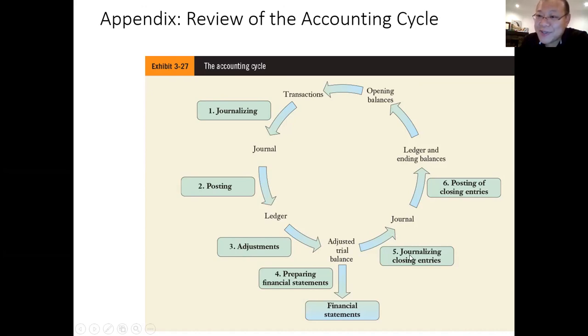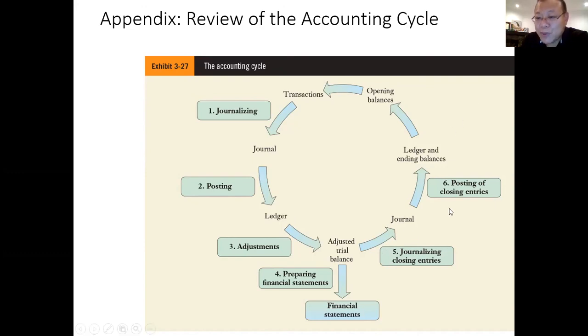Remember the closing entries? So you can restart the cycle again. Your revenue and expenses will restart at 0 at the beginning of next year. So that's where you have to make the closing journal entries, closing revenue and expenses into retained earnings.